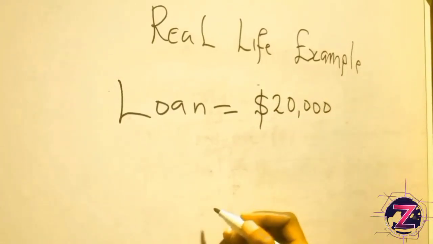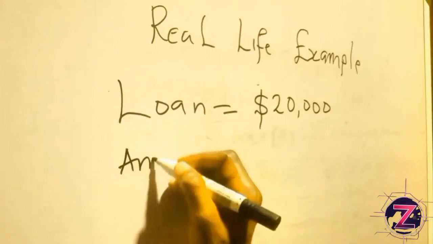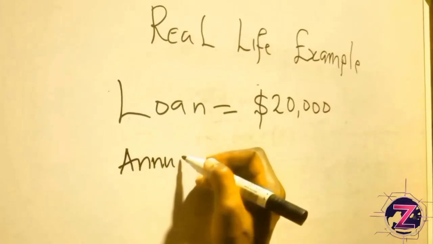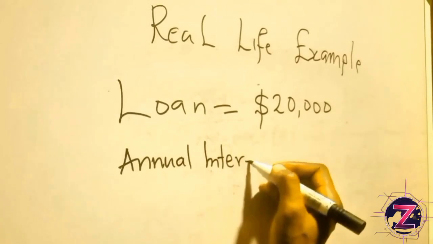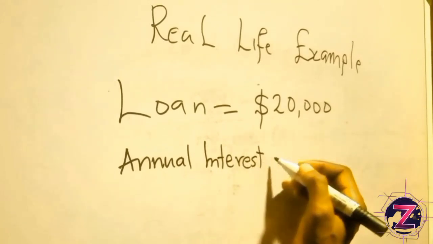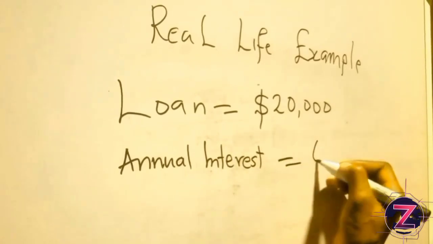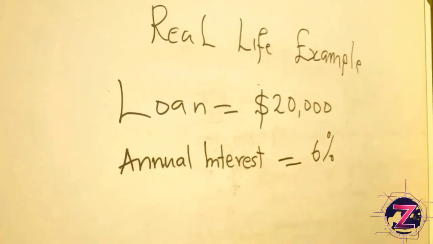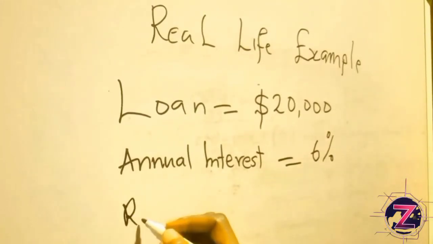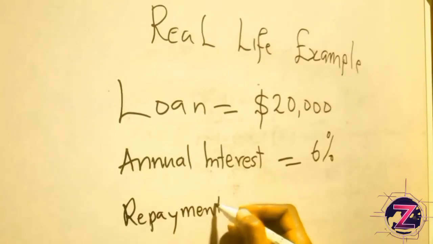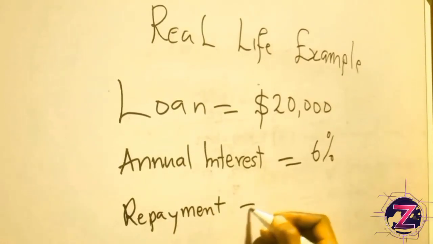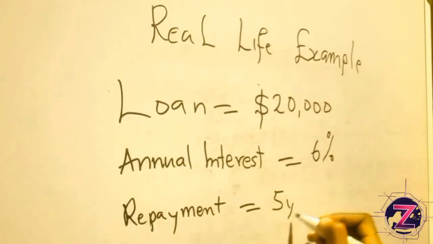We'll uncover the mathematics behind loan repayment using this simple equation. Loan amount equals $20,000. Annual interest rate is given to be 6% per annum. Repayment term is 5 years.